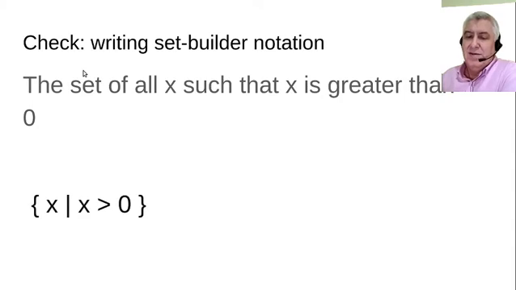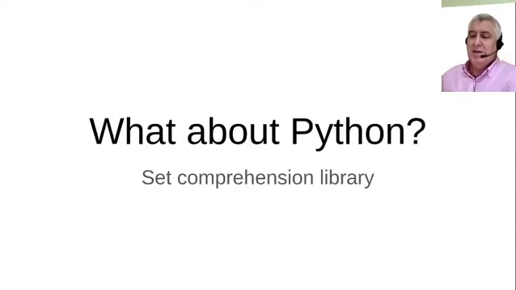Okay, so here's what you should have had, and we're going to go ahead and move on to talk about Python. This is difficult because most of the time when we're using set builder notation, we're not using finite sets, we're using infinite sets, so there's not really a good use for that in computers.